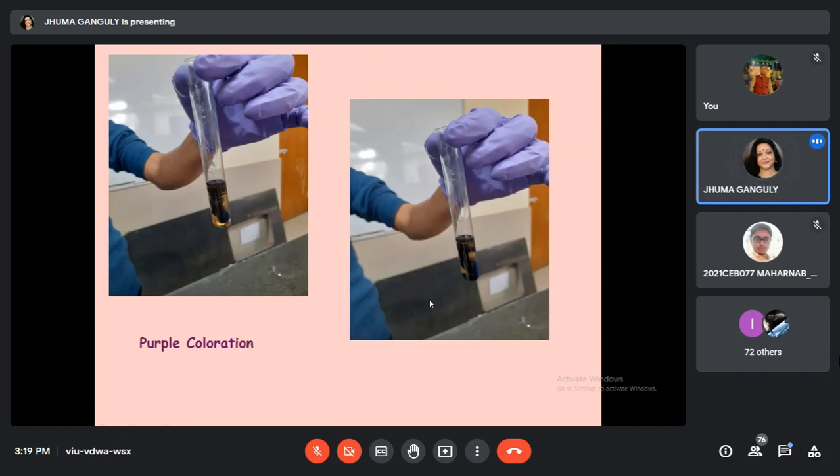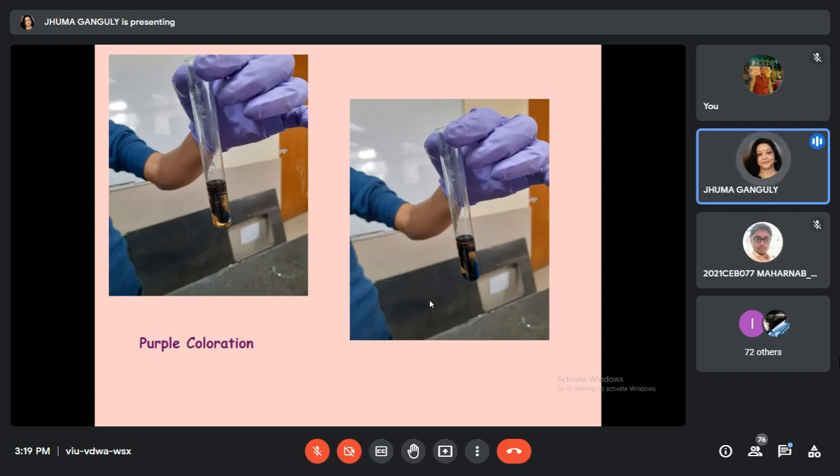Okay, it's not so clear. The purple color is very deep purple, and the picture is not so clear because of the mobile factor, actually. So that's why you will not understand, but it is actually a deep purple color. For resorcinol, it is deep purple color.